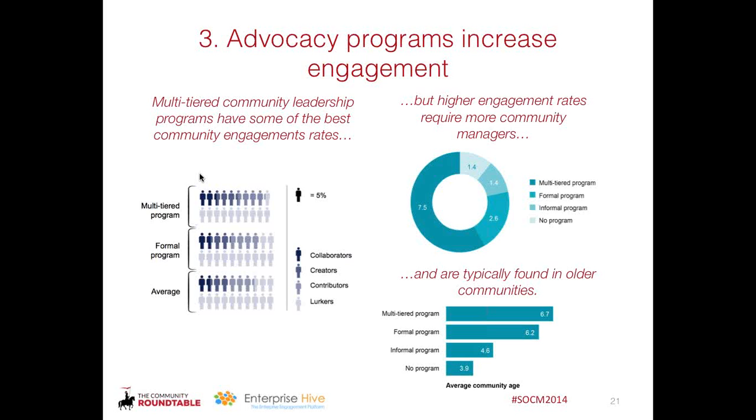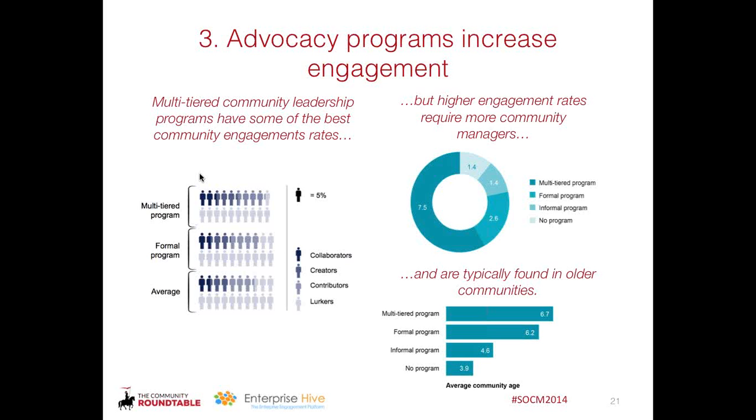The multi-tiered programs actually differentiated between people and said there are subject matter experts and they participate in this way. There are very engaged volunteer moderators who love helping the community and assisting, and they have a role to play. And then we have executive stakeholder leaders, and they have a role to play.